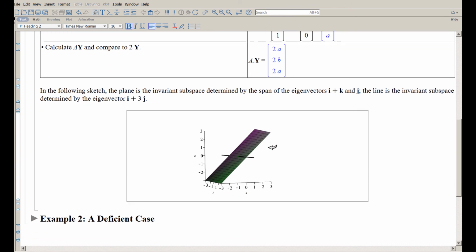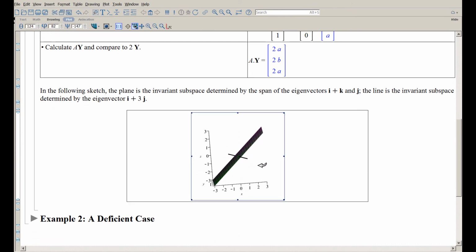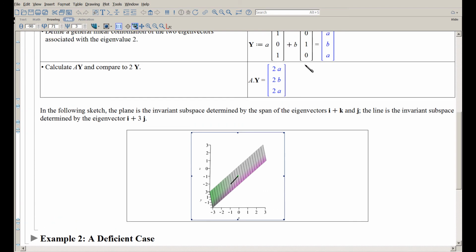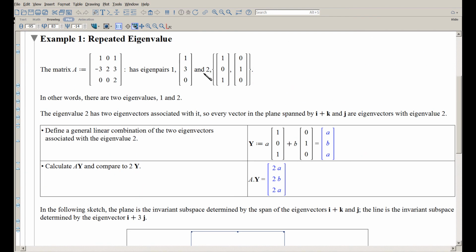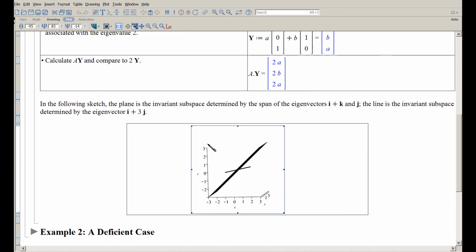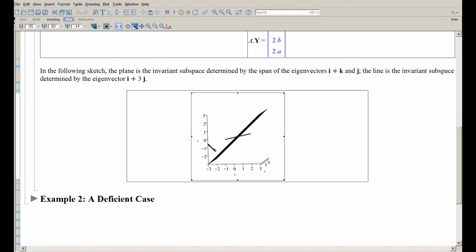Now here's a picture. This plane is the plane spanned by these 2 vectors, and this line is the line along which this eigenvector lies. So there's a glimpse of what can happen if you have a repeated eigenvalue.